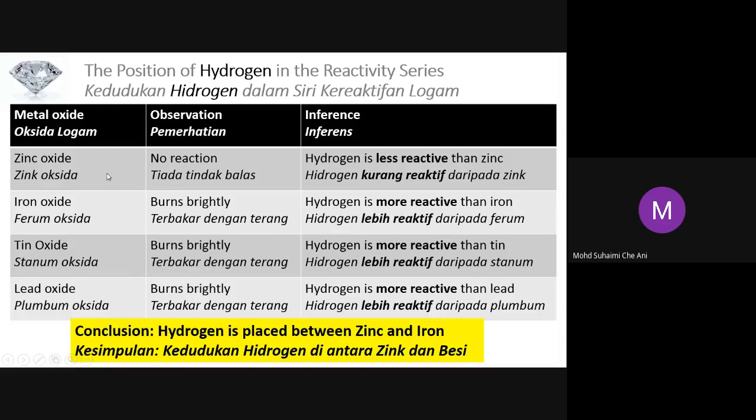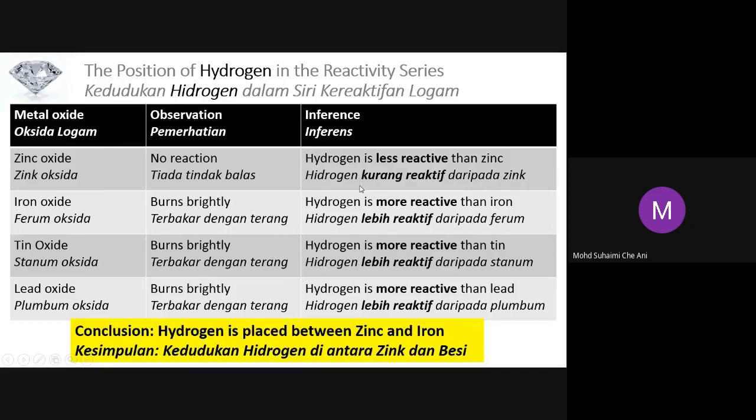So when they tested with zinc oxide, there is no reaction. But for the iron, stannum, tin, and lead, you will see the powder burns brightly. So when there is no reaction, it means that hydrogen is less reactive than zinc. Okay, zinc is more reactive than hydrogen. That's why hydrogen cannot do anything.